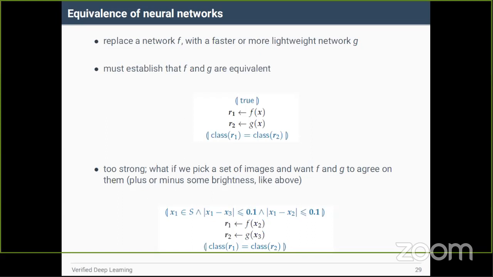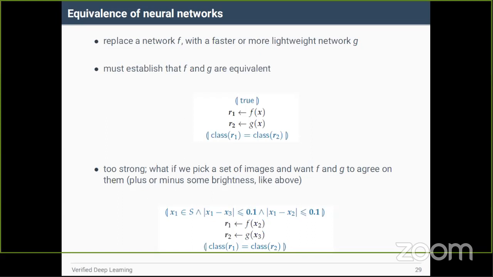So you construct these two new images, x2 and x3, where you know that x2 and x3 do not differ from this x1 that you have picked by more than 10%. R1 is the result of F on x2, R2 is the result of G on x3. And as long as R1 and R2 agree in the class to which they belong, we can say that F and G are equivalent. Whether it makes sense to really say that, for some application it may make sense to do that.